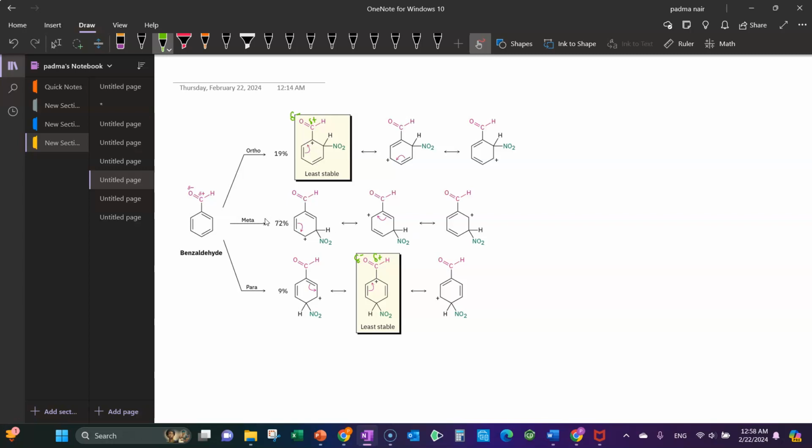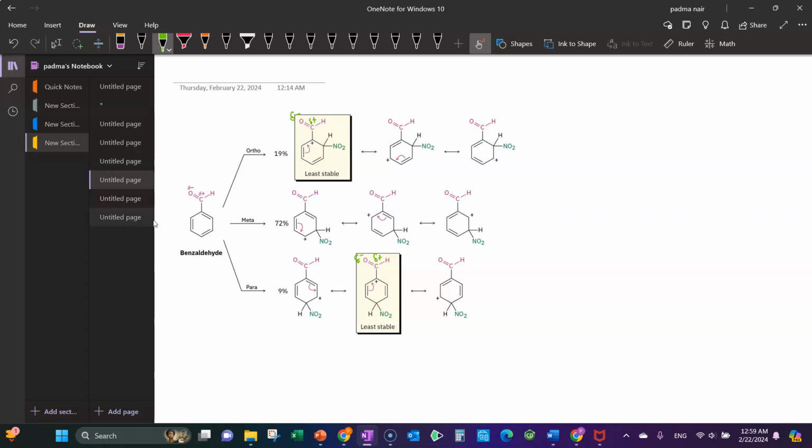Okay, so we do not have a destabilizing resonance structure in case of a meta, whereas in case of ortho and para, we do have a resonance structure that is less stable. So the CHO becomes a meta director because it has more stable resonance structures in this case.